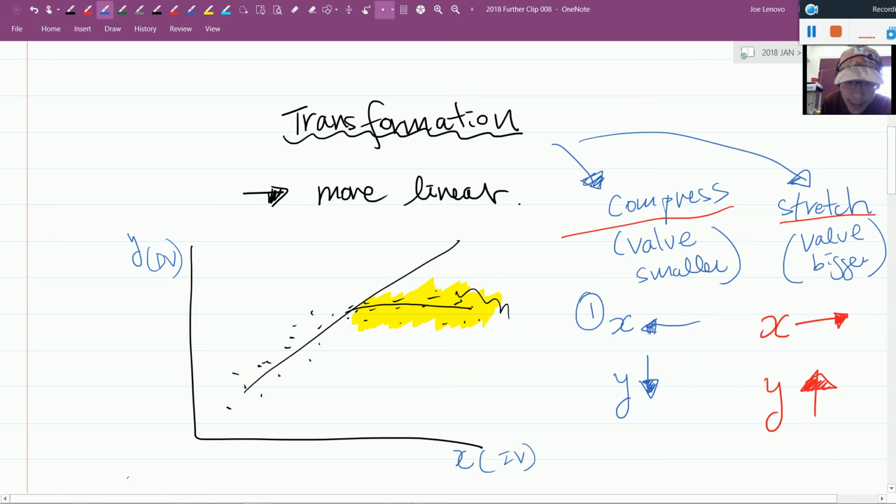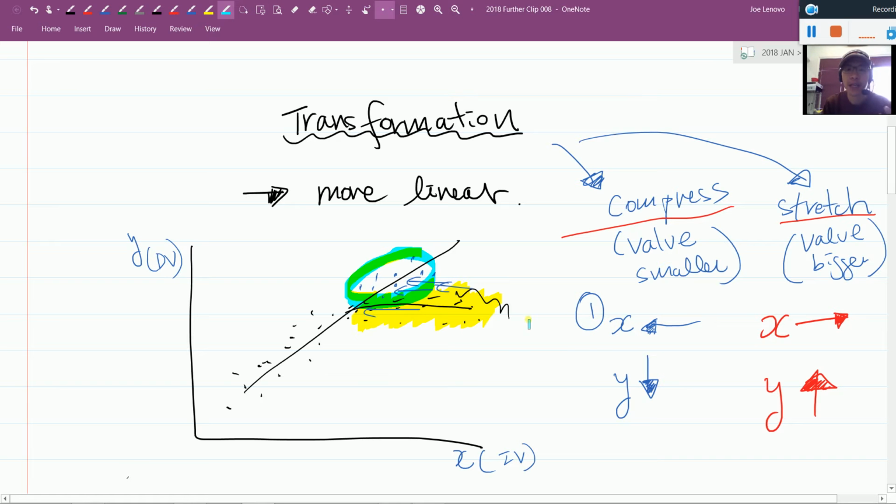So if all this data is brought closer and closer, you will find that those dots move across from the highlighted yellow into the highlighted blue area here. So those highlighted blue would be the after transformation.